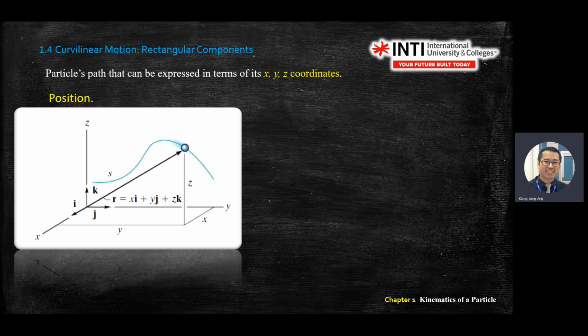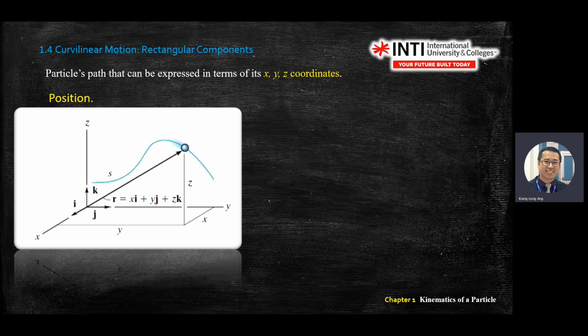And when you deal with vectors, you use the vector identity, i, j, and k for the z direction. Make sense? This is what you learned in your mathematics, in the vector chapter.